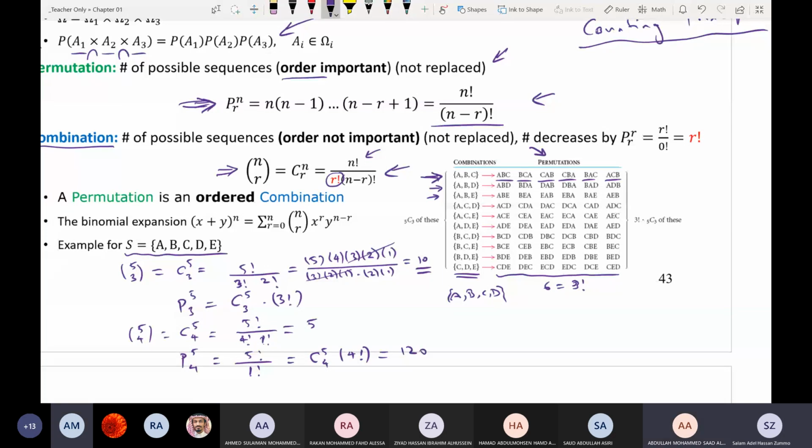Sorry, I missed one. So this is the number of permutations.